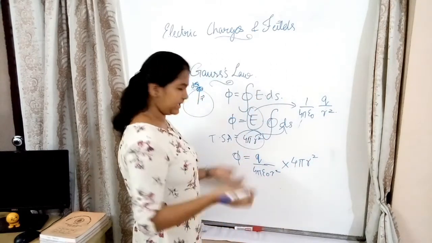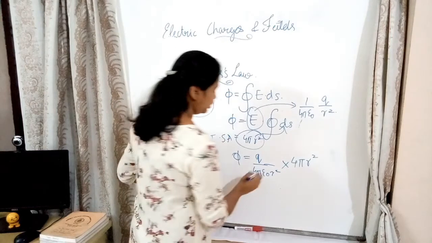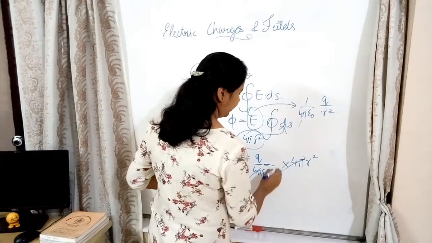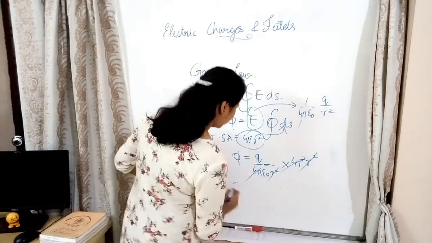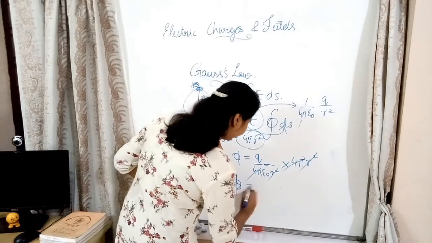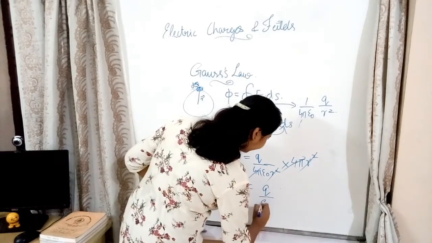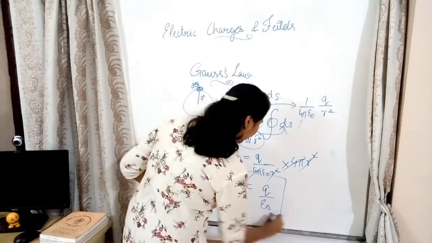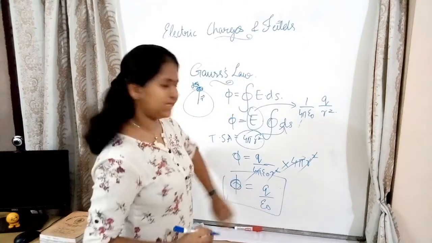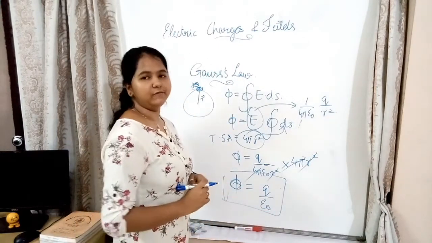Let's cancel: 4 pi and 4 pi, r square and r square. So phi is equal to q by epsilon 0. Isn't it what I told for Gauss's theorem? See, now we have proved it.